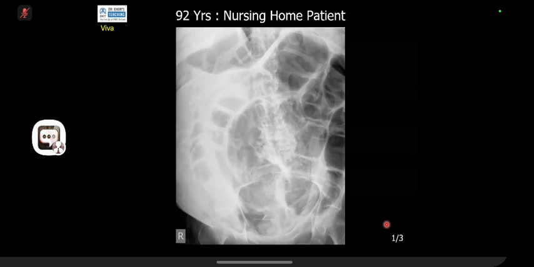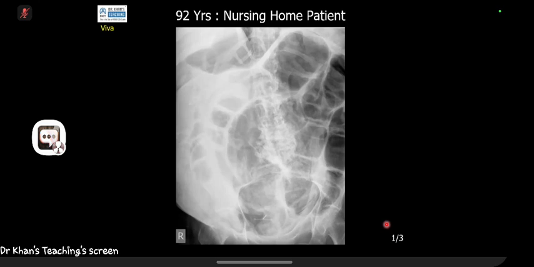Yes, this is where you will be. What is happening? These patients will come to you in A&E. This is a nursing home patient. Interestingly, 92 years. And did you, radiologists among you, see something interesting? Here you are. They left it there for, I think, 50 years.